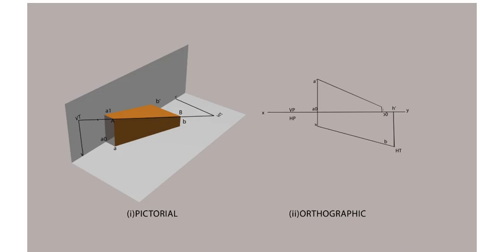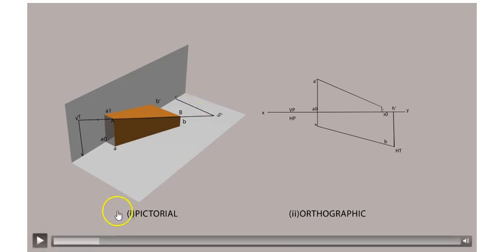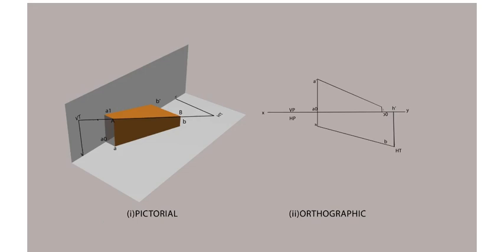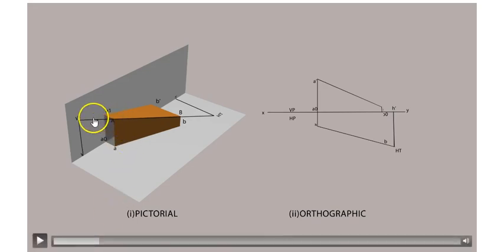So let's start and see how we construct the projections using the plane rotation method. The whole concept of plane rotation method is like we consider the true length, which is the line AB, and the projection. We'll take each one by one.